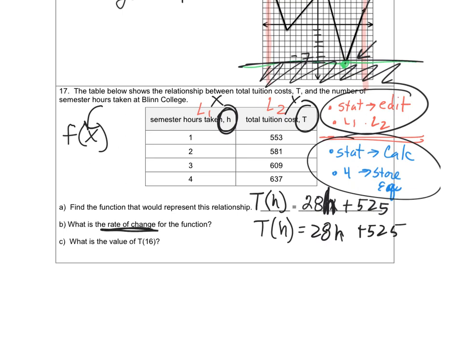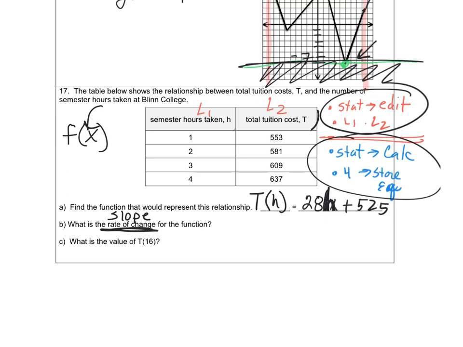What is the rate of change for this function? So when they're asking for the rate of change, they're asking for it in words. Slope is the rate of change in a real-life context. So let's go back and read the problem to make sure we understand what we're being asked. It says, the table below shows the relationship between the cost of tuition and the number of semester hours taken at Blinn. So I know that the rate of change is the slope.